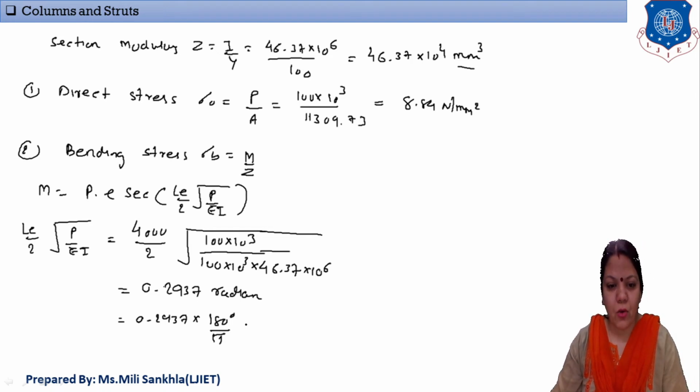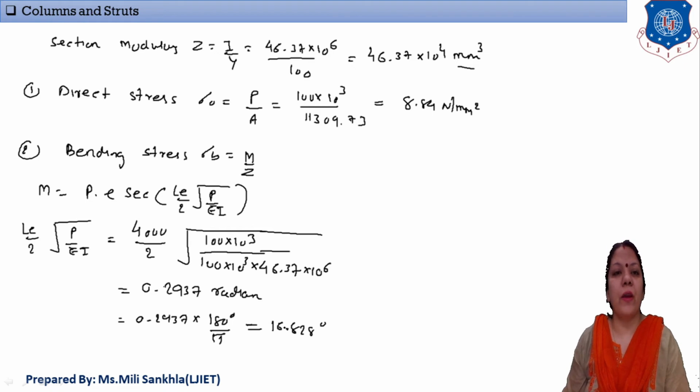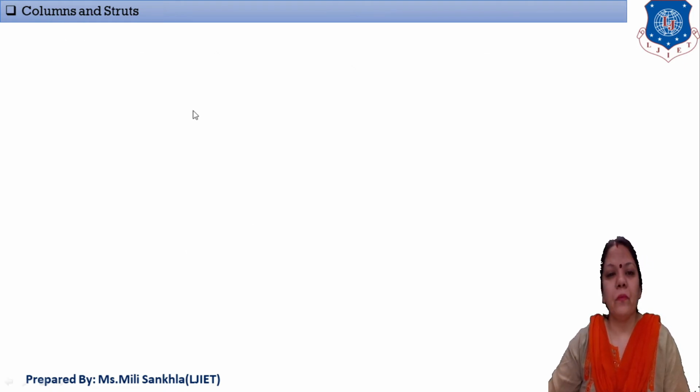Now after simplification the answer is equal to 16.2828 degree. Okay, now next we find out the value of this sec. Ultimately, this term is for our angle.